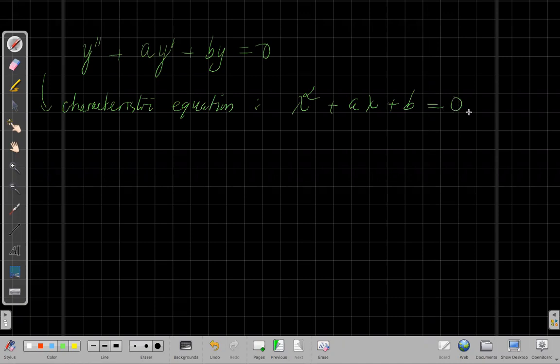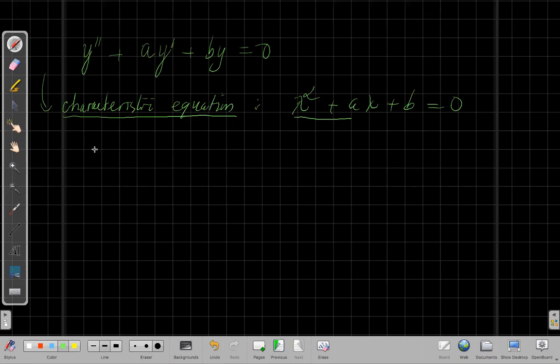This characteristic equation can have solutions in three cases.